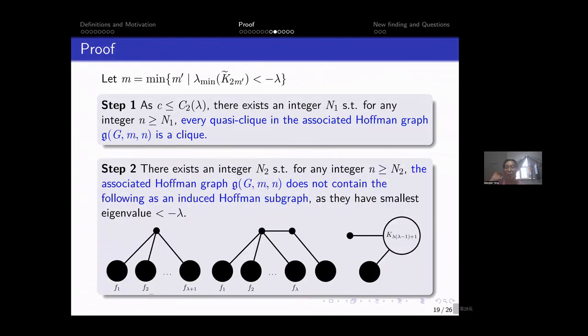The second step is when we build the relation between the associated Hoffman graph and the graph.